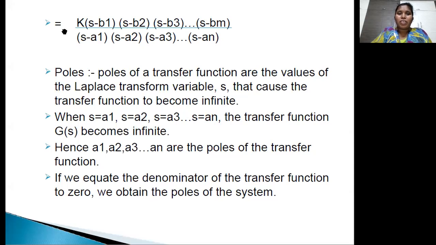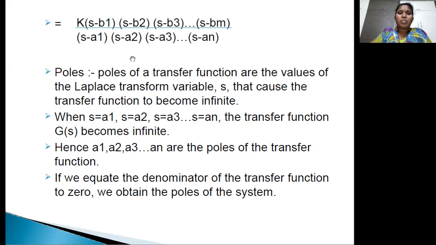That means if in place of S you substitute A1, then what will happen? The total denominator will become 0. Is it right? And if you substitute S is equal to A2, then the total denominator becomes 0. In the same way, if you substitute A1 to An, any term in S, the denominator will become 0.